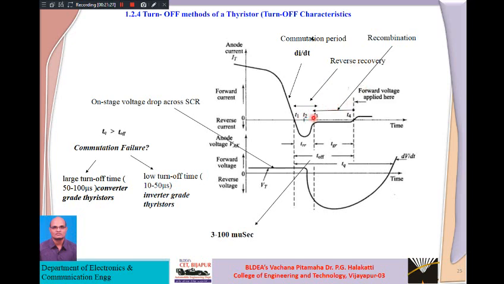This arrow should come here between T2 to T3. Don't confuse, I am still with the TRR. Reverse recovery time is a combination of reverse recovery period plus recombination period. Reverse recovery period is concerned with majority carriers settling down, removing them, and thereby reducing the anode current.